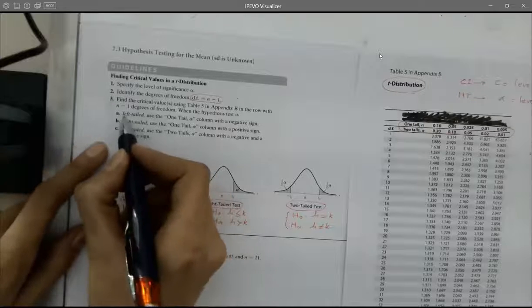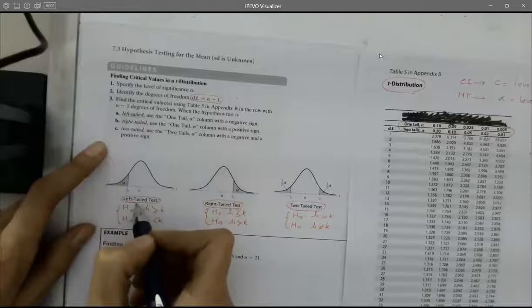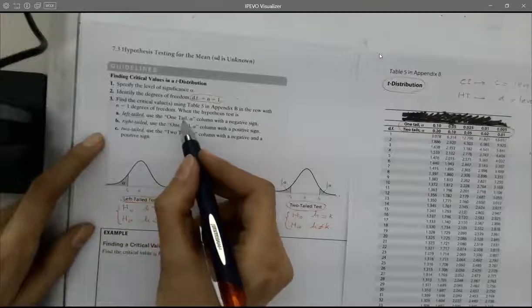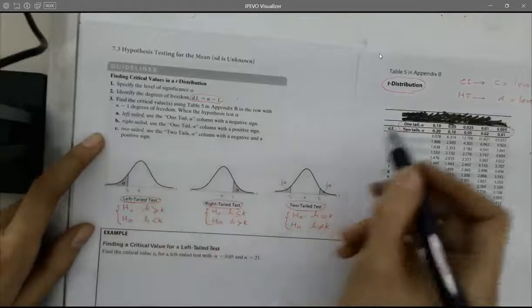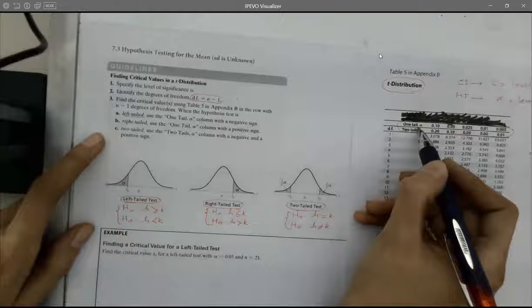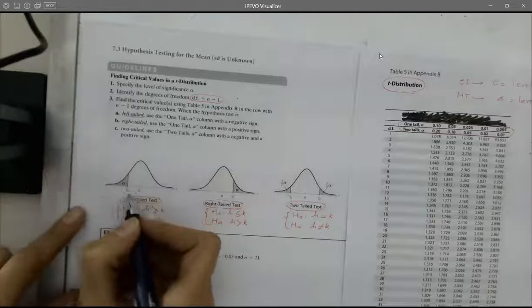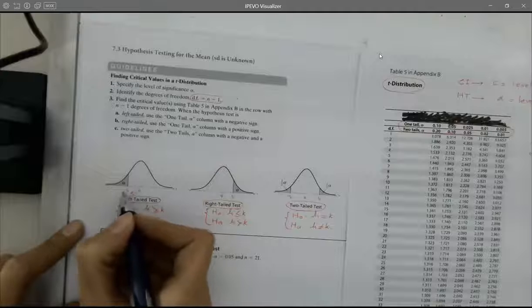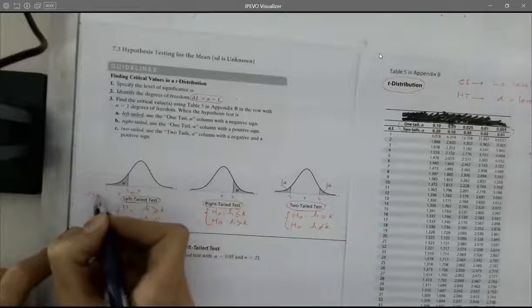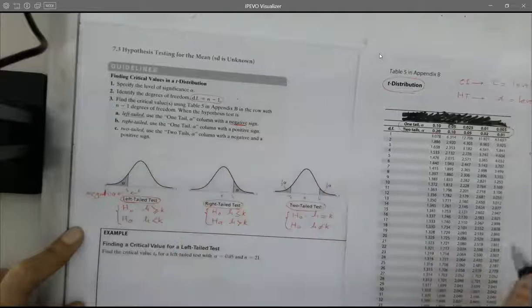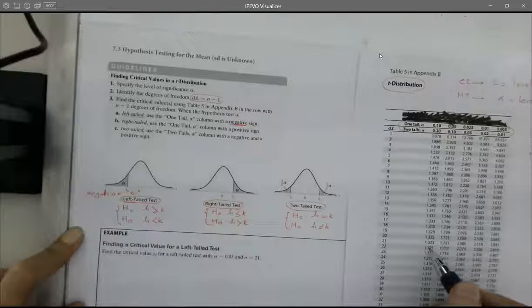If we have a left-tailed test, then we use one tail alpha. And since our critical value is on the left-hand side of 0, it is a negative number. So we put a negative sign next to the number that we find using our t-table.